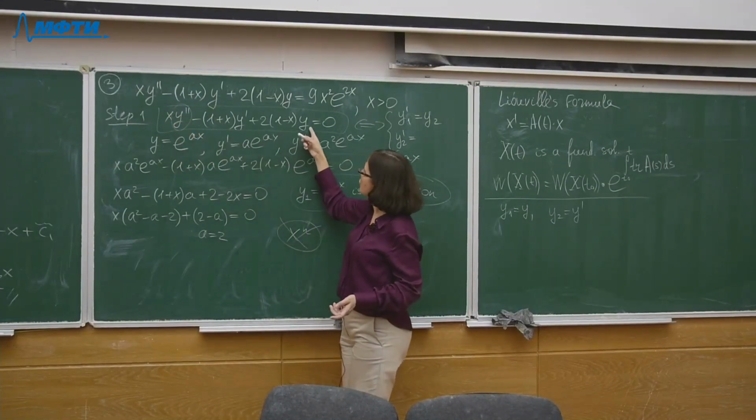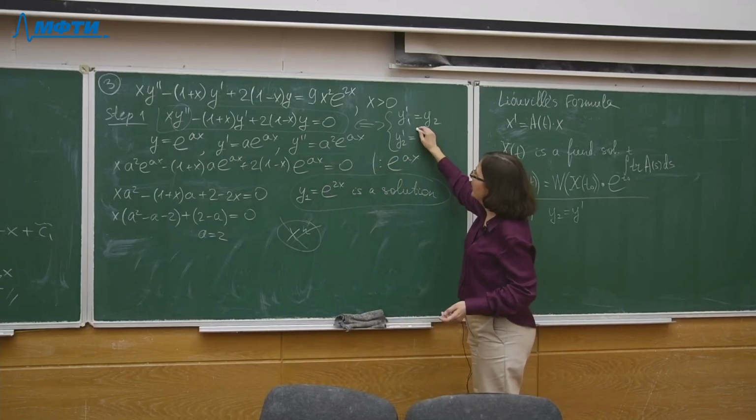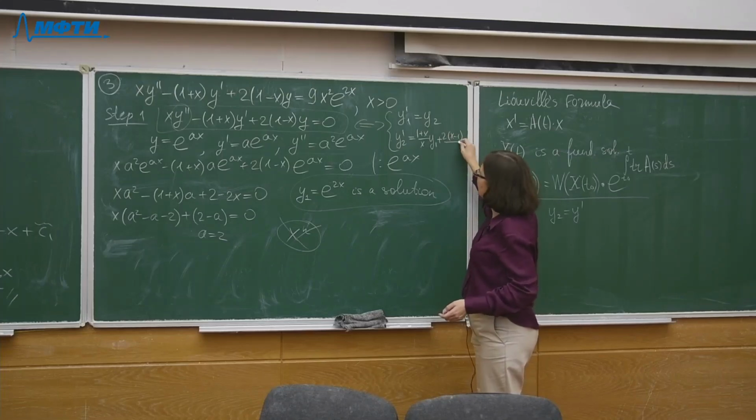So we should solve this for y double prime, and we will get the following: 1 plus x over x times y1 plus 2x minus 1 over x.